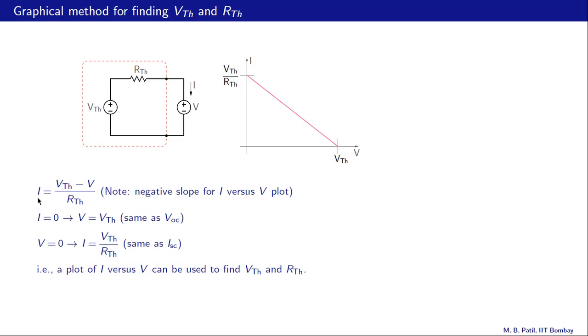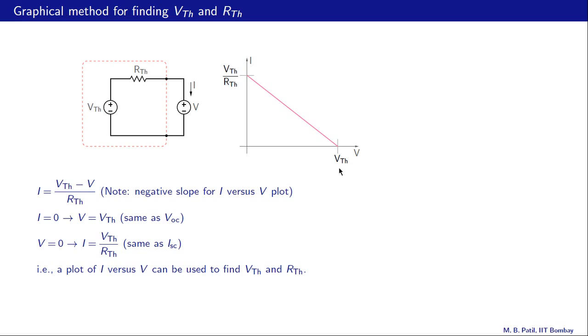That gives us I equal to Vth divided by Rth, this quantity here. And if you recall, that is the same as the short circuit current. That means it is the current that would flow if we connect these two nodes by a wire, just a short circuit.